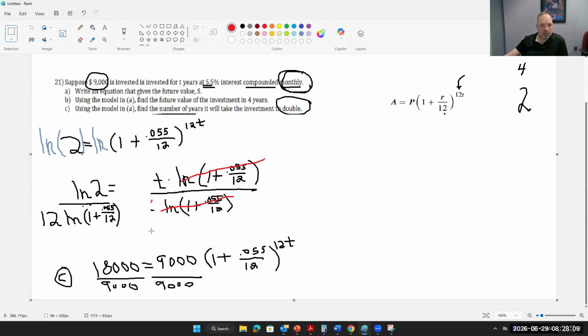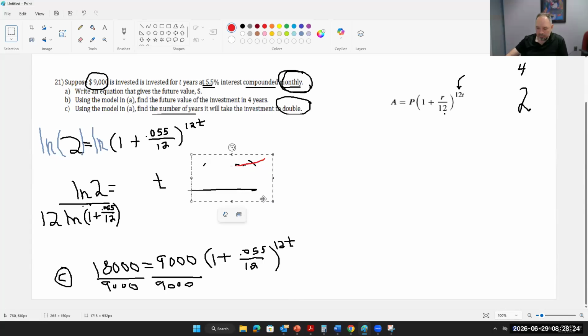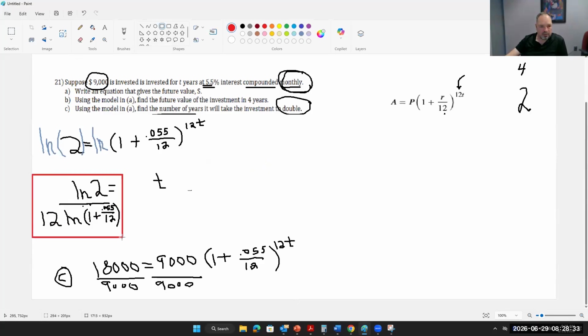I can delete the 12 and I can delete this and I can delete that and I'm left with T. And what's T equal to? T equals this. Now, you could put that in the calculator. Just to save time, I'm gonna let you go ahead and do that.